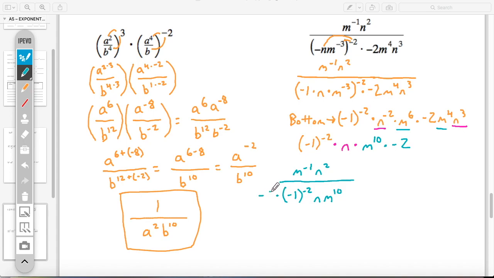I'll write my -2 out front, just looks better up there. Okay, so now what I'll do, I'll look at my negative exponents, I'll cross the line, flip the sign, okay, so this m to the -1 will come down bottom, this -1 to the -2nd power will go up top.